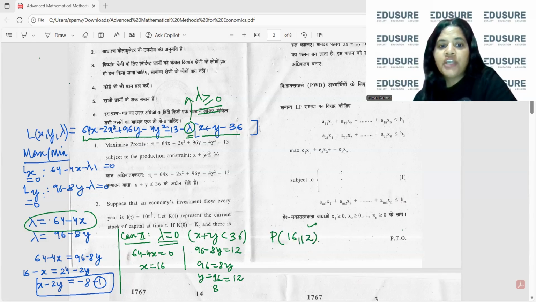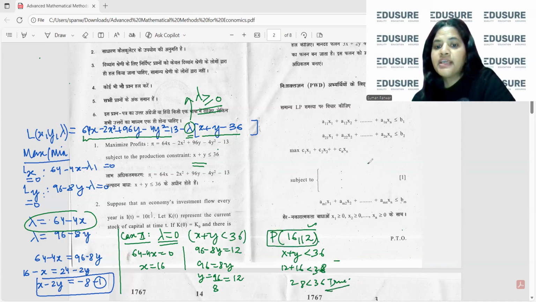I just have to check whether this constraint is satisfied or not. x plus y less than 36: 12 plus 16 is 28, and 28 is less than 36, that is true. So I am getting a maxima of profit at 16 comma 12 as per this case.